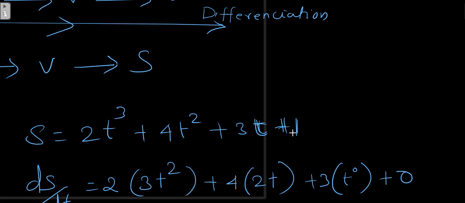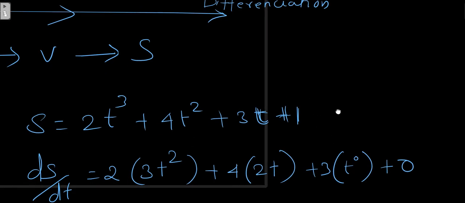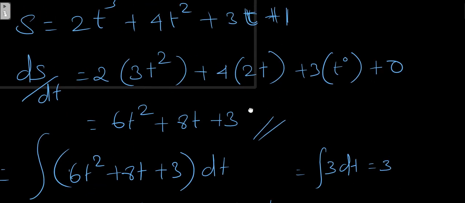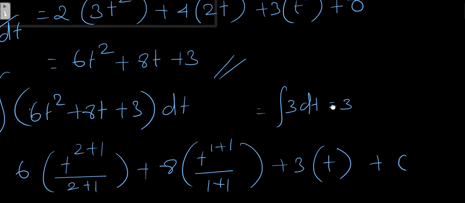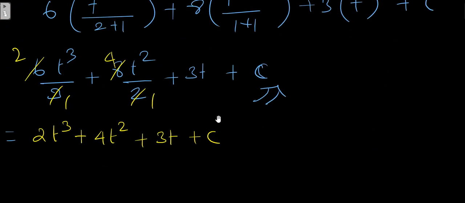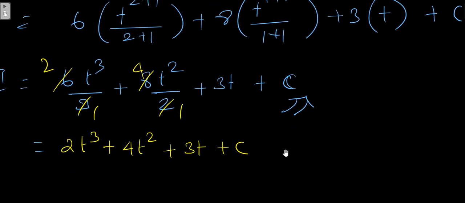The integral constant, whatever it was, when differentiated gives us 0. This 1 disappeared. Now we got it back as c, the integral constant. So this is the reverse form. Integration and differentiation are reverse processes.